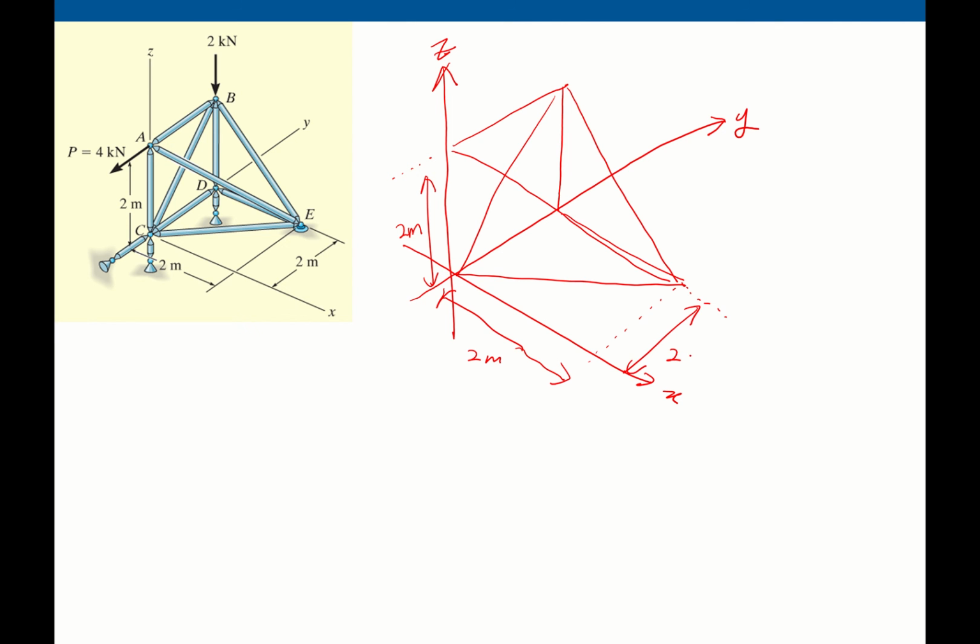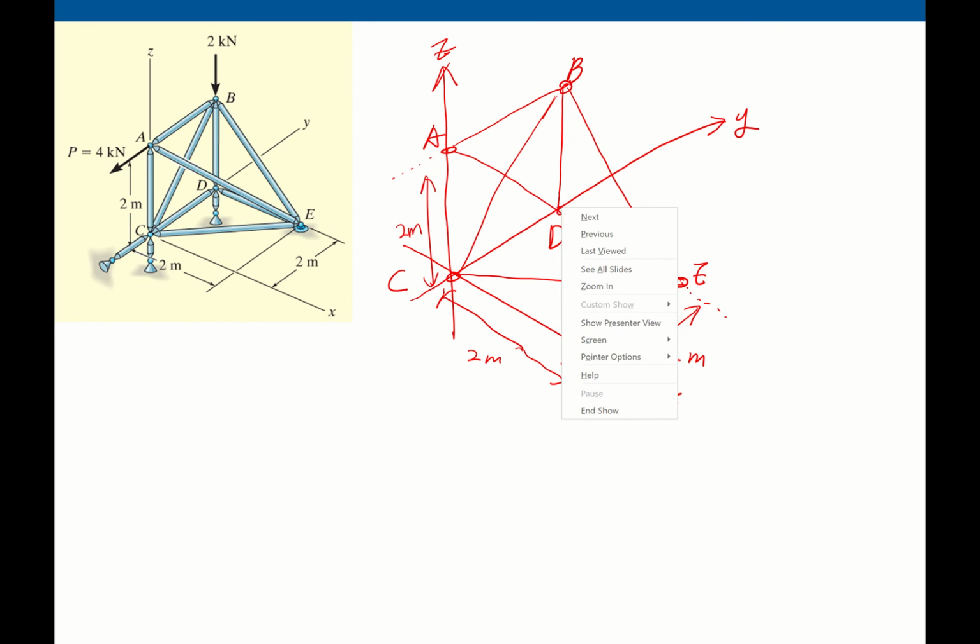So we can show the dimensions, and then this is joint A, B, this is E, D, and C. So all the joints are connected with ball and socket.